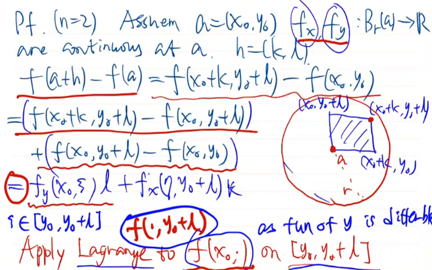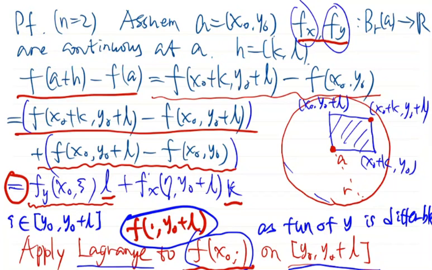Xi and eta might depend on k and l. Therefore, this is not the differentiability. We need to make the coefficients of k and l independent of k and l. So we have not finished.